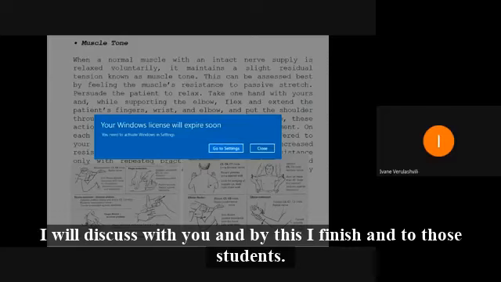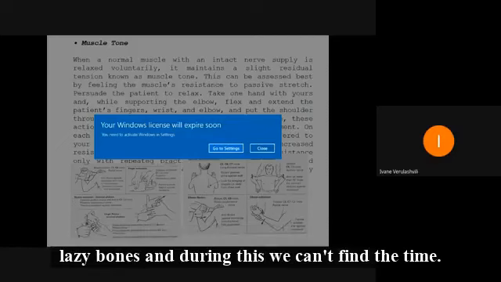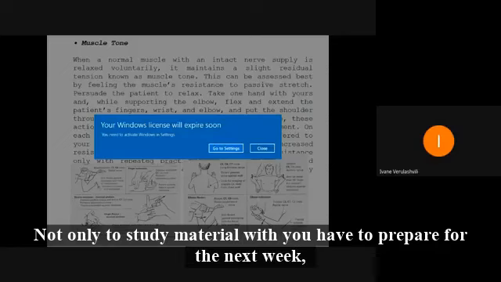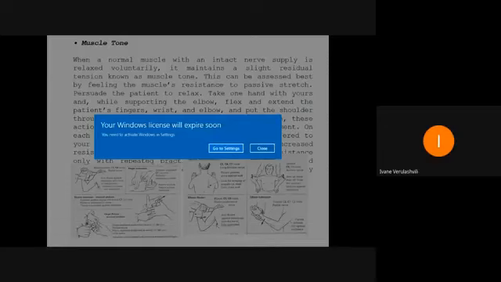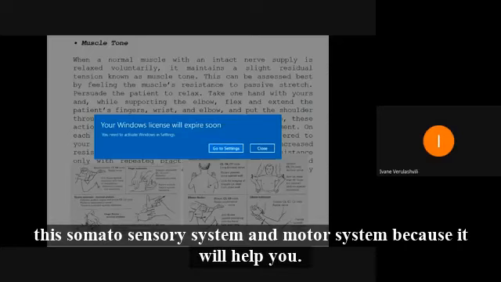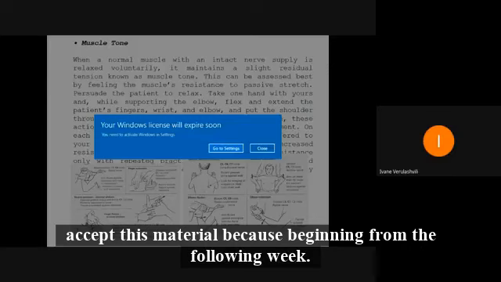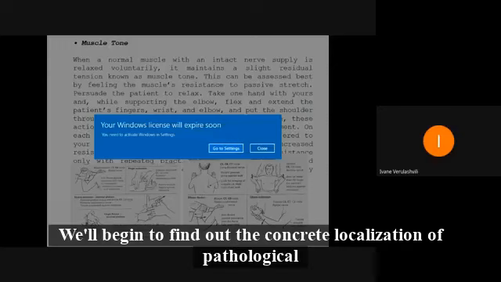And to those students from Monday who have the practical classes, I advise you not to be lazy bones, and during this weekend find the time not only to study the material which you have to prepare for the next week, but also carefully listen to the lecture once more, and find in the books and in other sources this somatosensory system and motor system, because it will help you when we go to the practical discussion in the classes to accept this material more easily, because beginning from the following week we'll begin to find out the concrete localization of the pathological process.